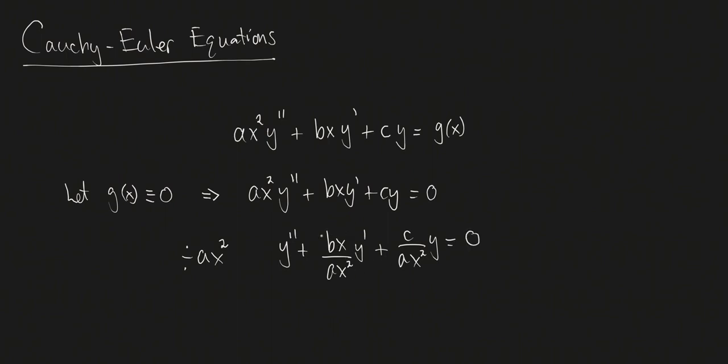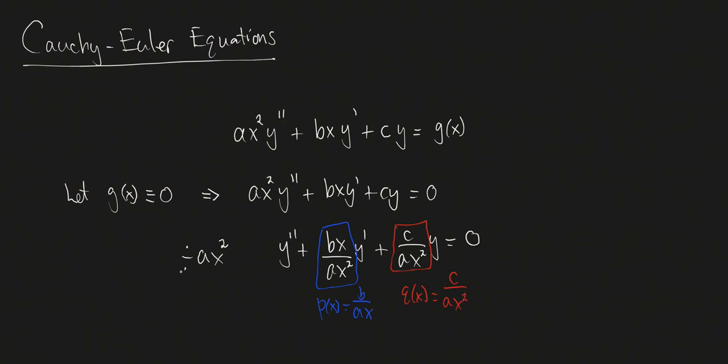So basically, this is my p. If we simplify it, p of x in this case is b over ax. And then this is what we were calling q. So q of x in this case is c over ax squared.